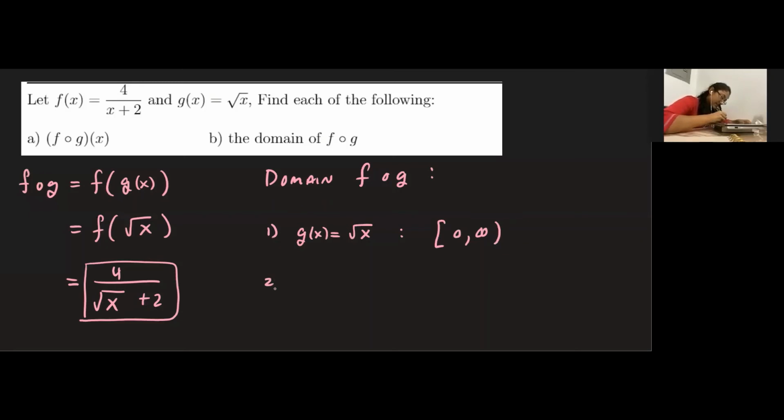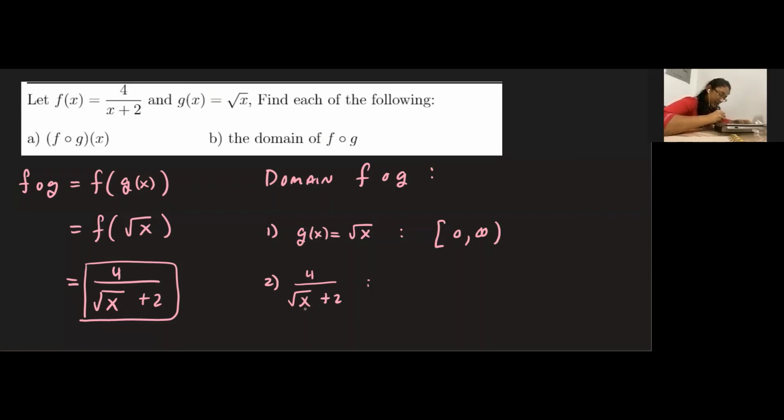And next we look at the function we got after performing the composition, which is 4 over square root of x plus 2. What is the domain of this piece? Well, we know the denominator cannot be 0.